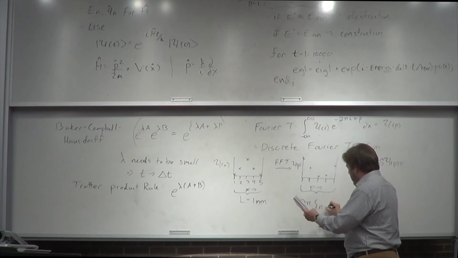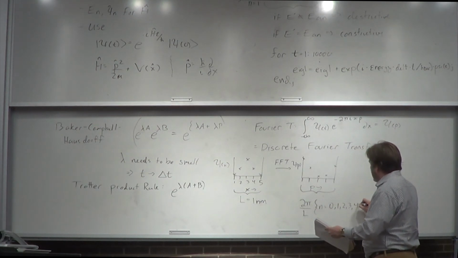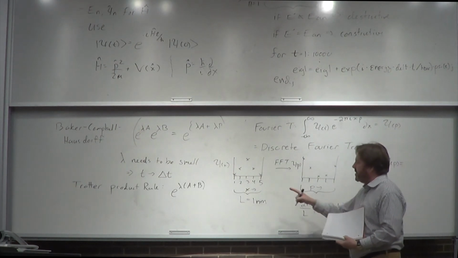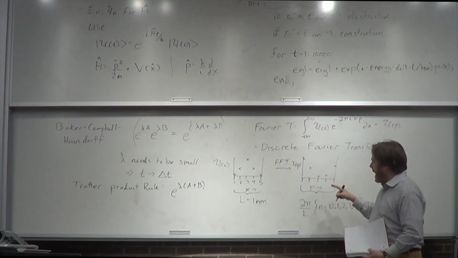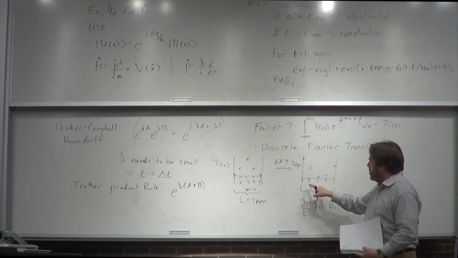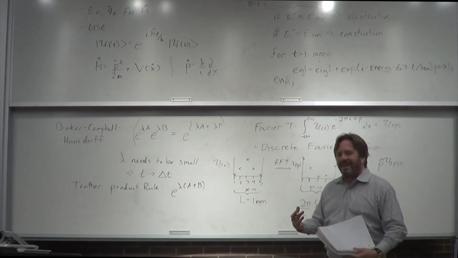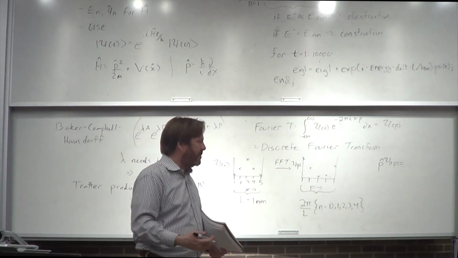Anyway, n goes as 0, 1, 2, I'll be specific to this example, 0, 1, 2, 3, 4. That's 5 points, right? I started out with 5 points, I ended with 5 points. So the new axis is 0, 2 pi over L, 4 pi over L. See? Now you know what the x-axis is in momentum space.